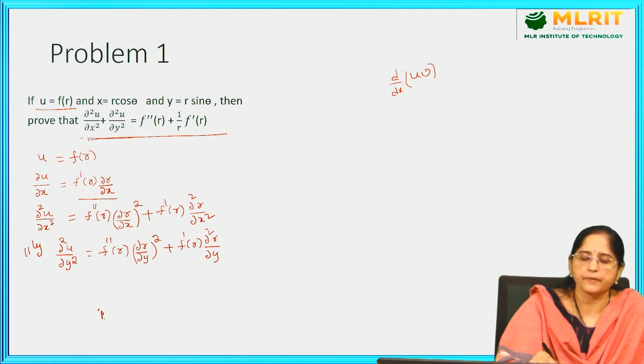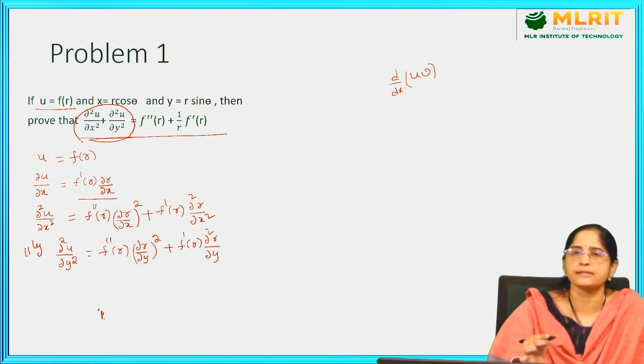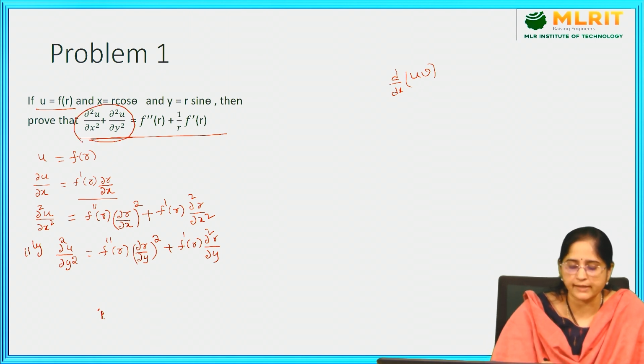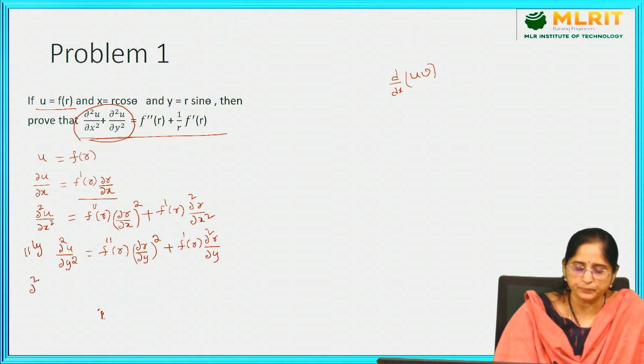So we have to find dou square u by dou x square plus dou square u by dou y square. We add those two.